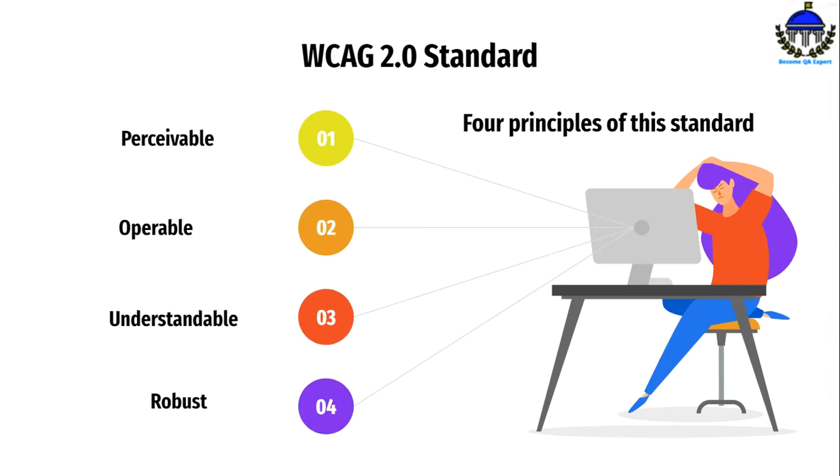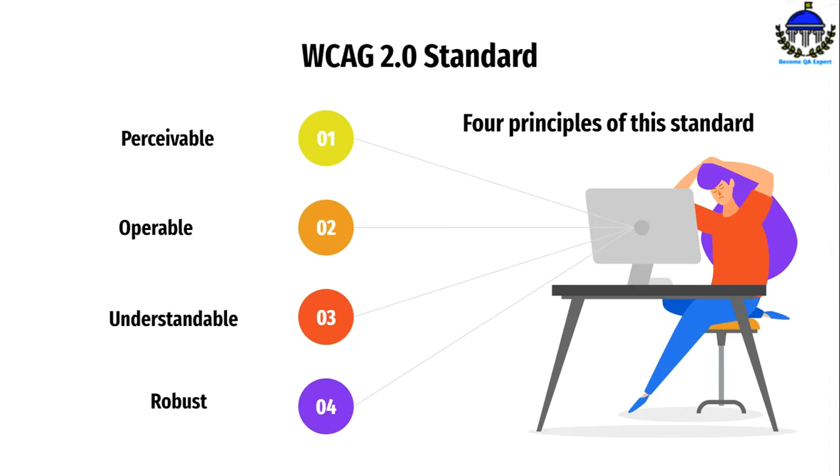Perceivable. This principle focuses on the idea that people need to be able to perceive the content. It presents guidelines on how websites, applications, and gadgets can be designed in a way to make them easily perceivable by sight, sound, and touch.